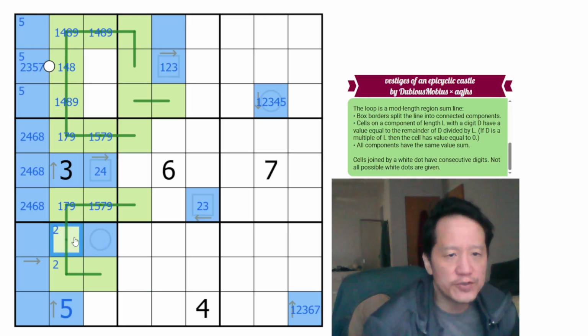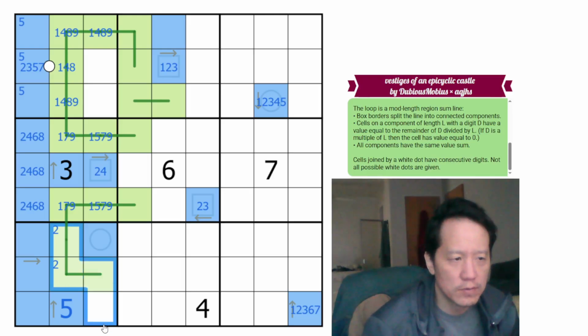And if the 2 is here, and this was size 4, length 4, that would already include a 2 mod 4, which would have a value of 2.